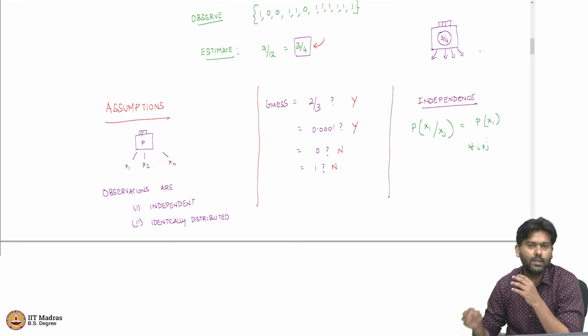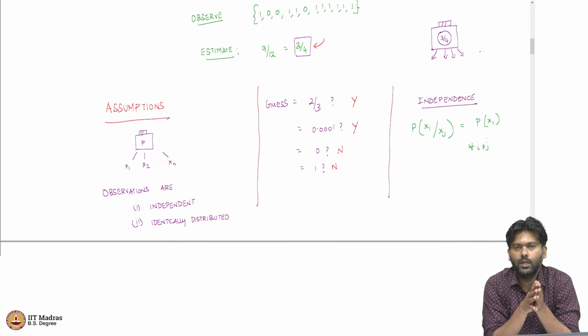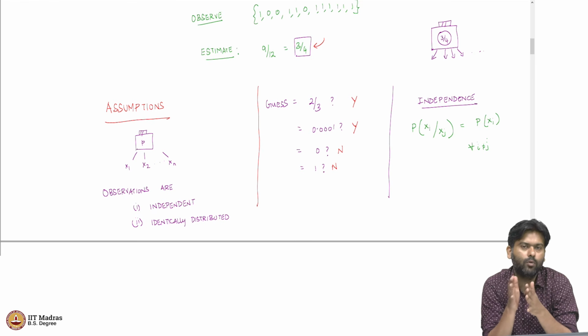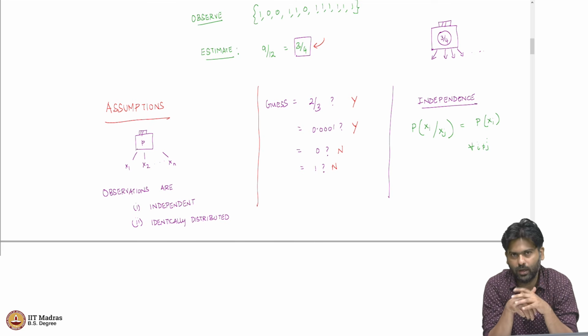What does that mean? That means that if I told you that the third toss was a head, that does not change my uncertainty about my fourth toss. The information that the third toss was a head does not affect the probability that the fourth toss is going to be a head or tail. So, that is when we call these tosses independent tosses.